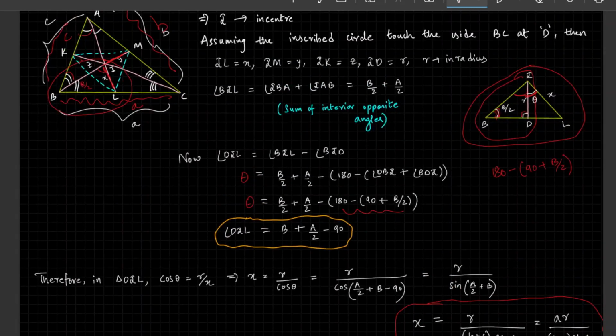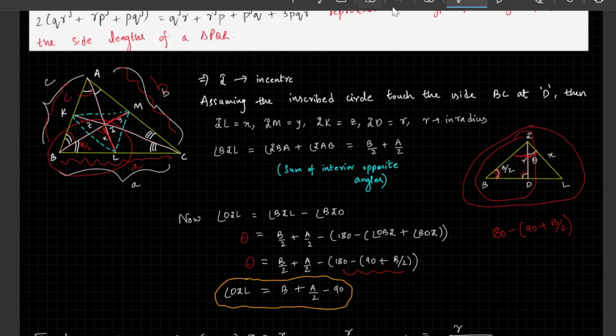Now take the triangle KLM. Let me erase this stuff so that it will be easy for us. So we are bothered about the area of the triangle KLM, isn't it? So let us first divide it into three parts: LIM, MIK, and LIK.